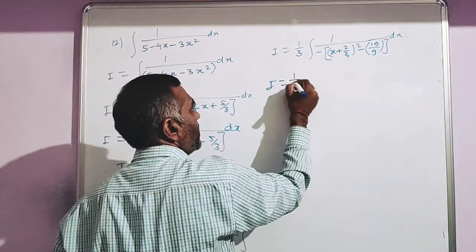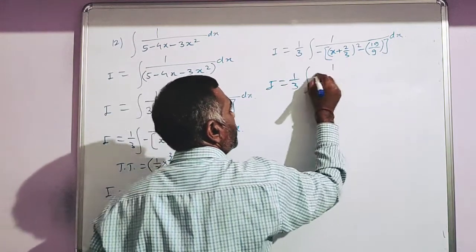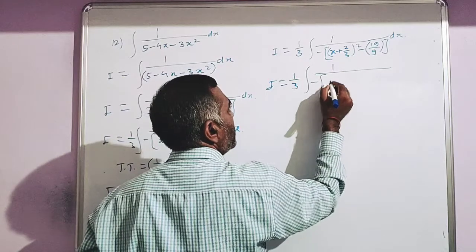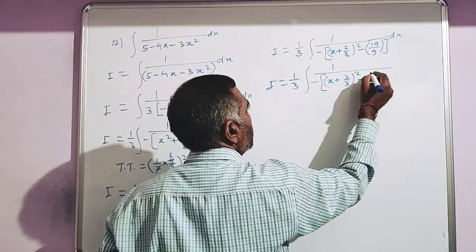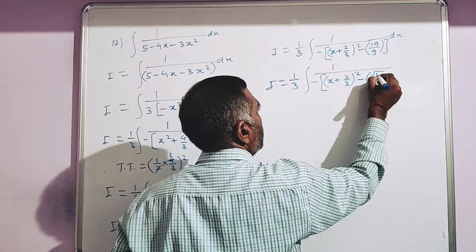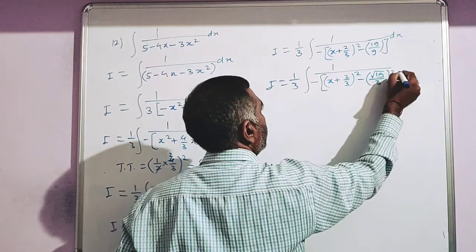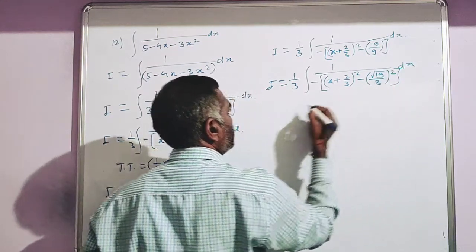Now I is equal to 1/3 integration of 1/(-[(x + 2/3) whole bracket square minus (√19/3) whole bracket square]) dx.